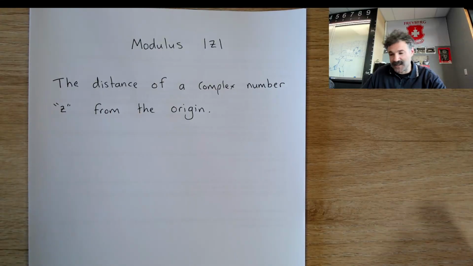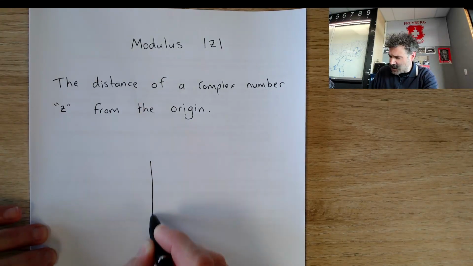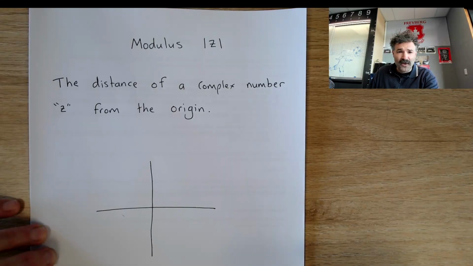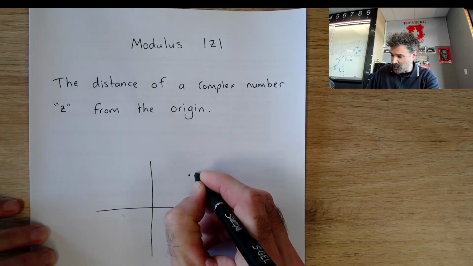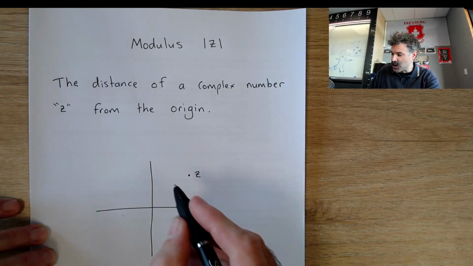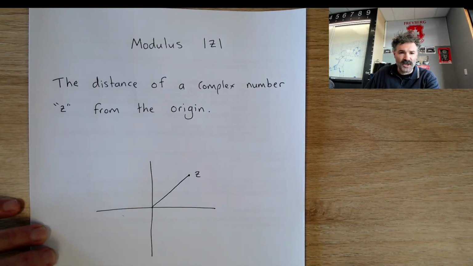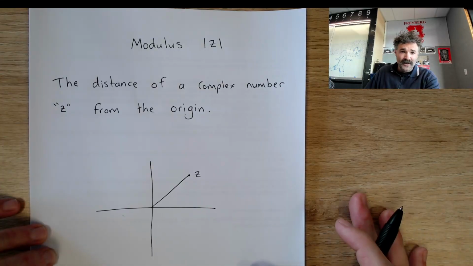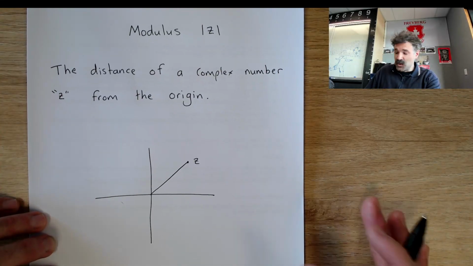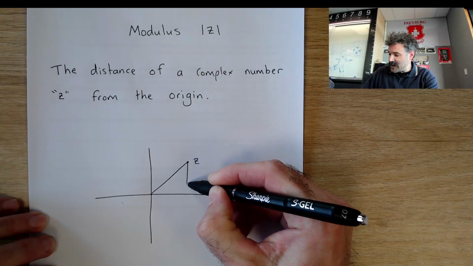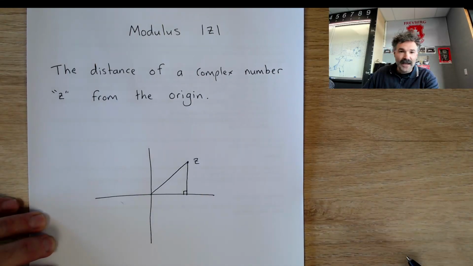That's the definition. So if we visualize this a little bit, I have my complex plane, I have some complex number Z, and I want to know the distance to the origin, which is the center of my graph. The typical way that we do this is we line it up down here and we use our right angle triangle knowledge.